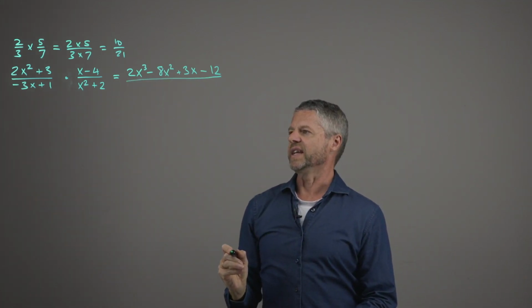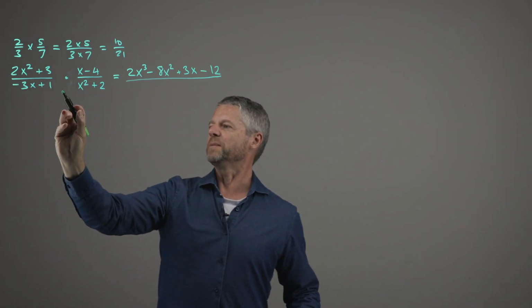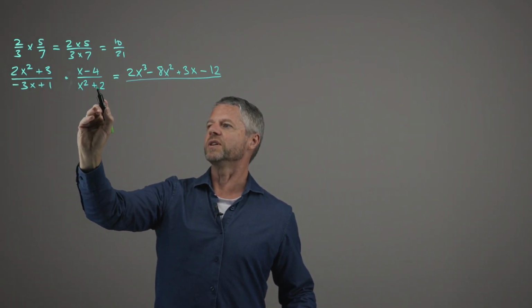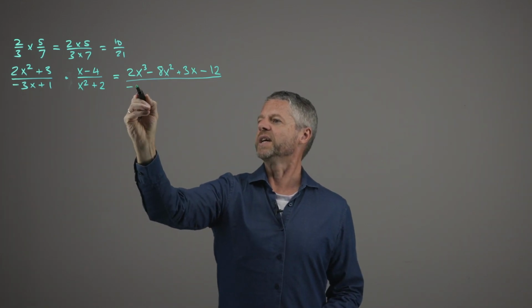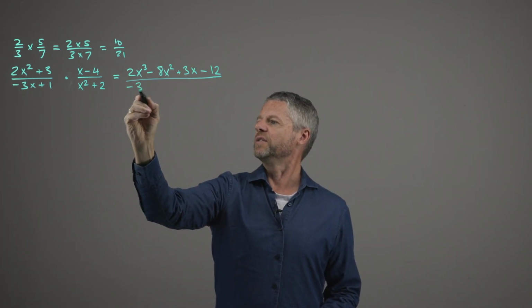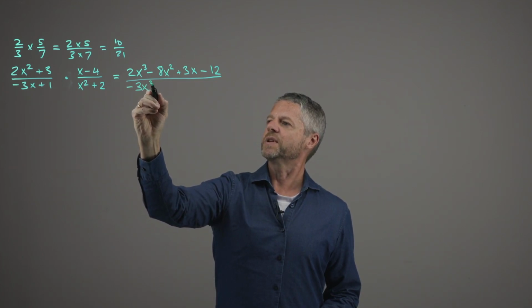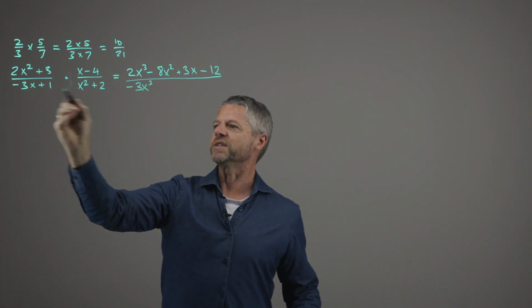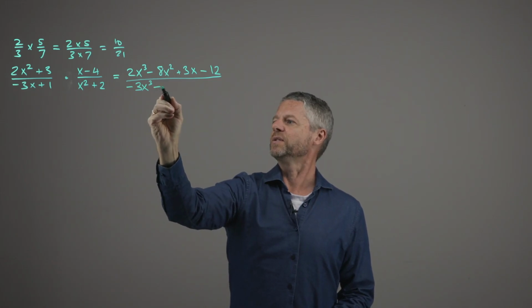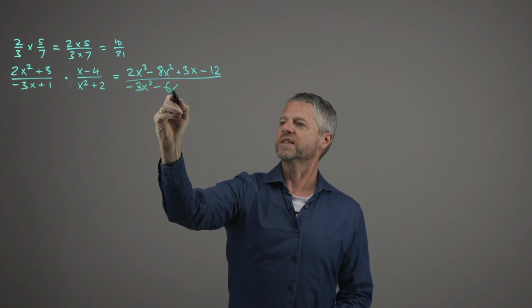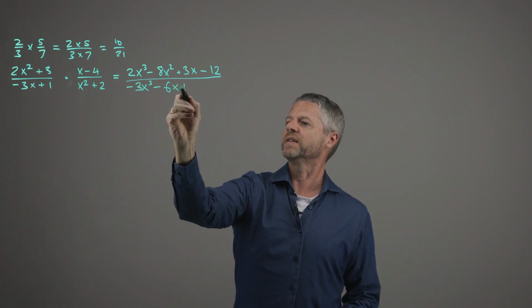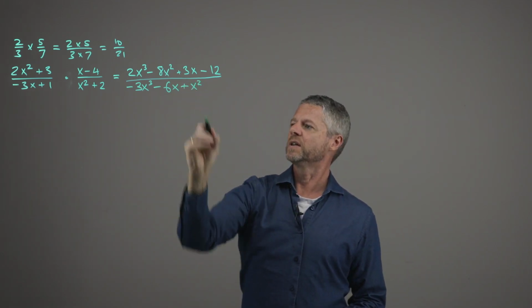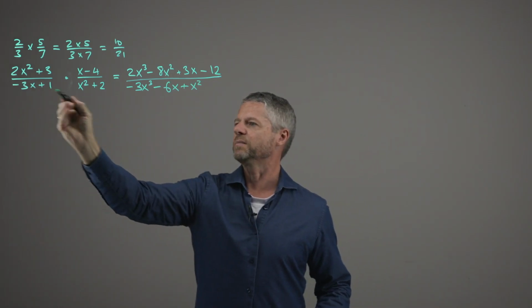And then in the denominator, I've got minus 3x times x squared, so minus 3x cubed. And then I've got minus 3x times 2, so minus 6x. Plus 1 times x squared, and then plus 1 times 2.